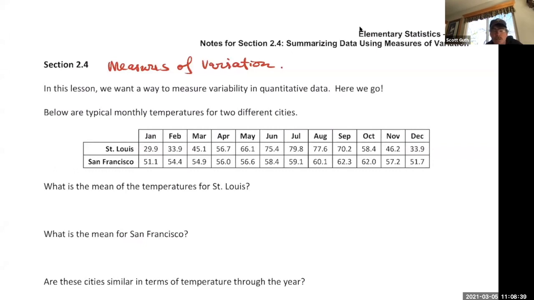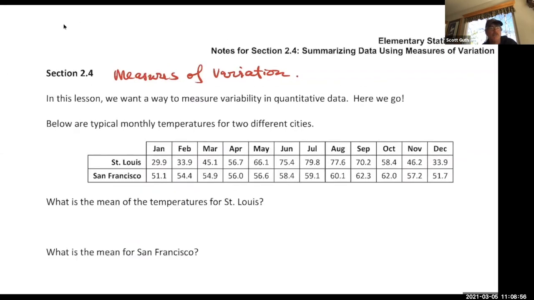These are typical monthly temperatures for 12 months in two different cities. First is St. Louis and then San Francisco. Will you guys add up the San Francisco temperatures, and I'll do St. Louis. Just add them up real quick.